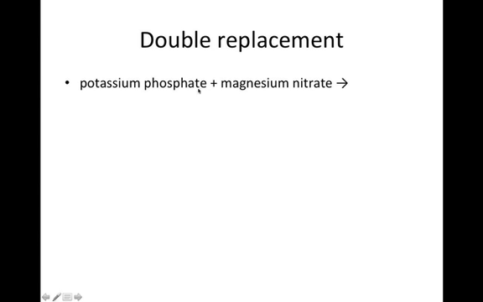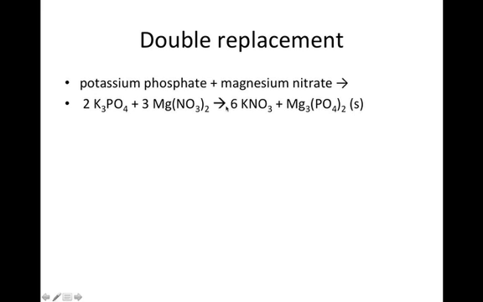Here's, I guess, the most common type of net ionic reaction, where we have two different reactants forming two different products. It's a double replacement, and you would be asked to predict the product. So the potassium is going to replace the magnesium, and then you have to determine what is going to be a solid, if anything. What's the precipitate that forms?